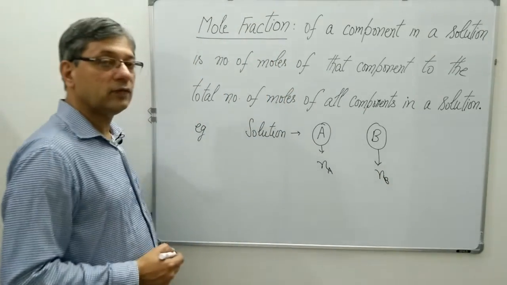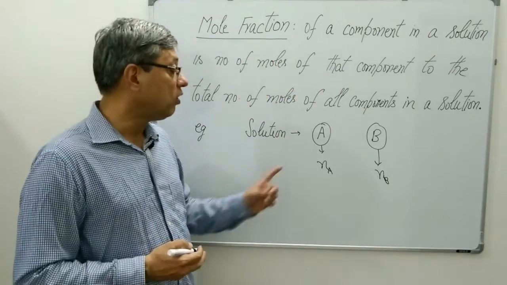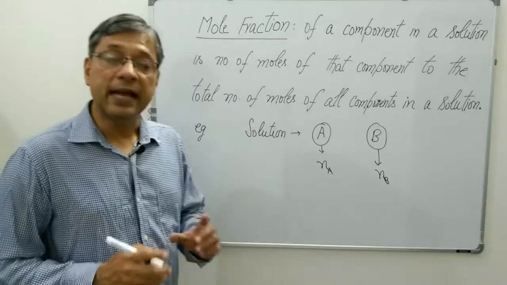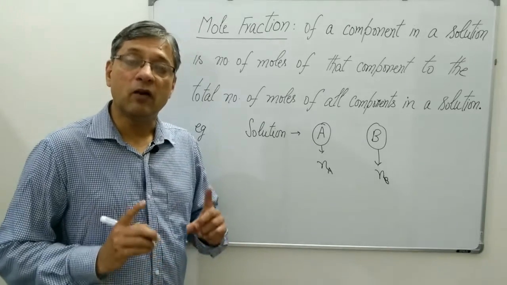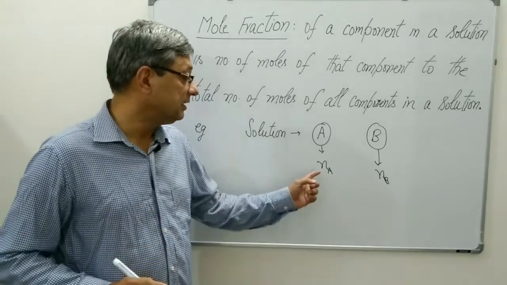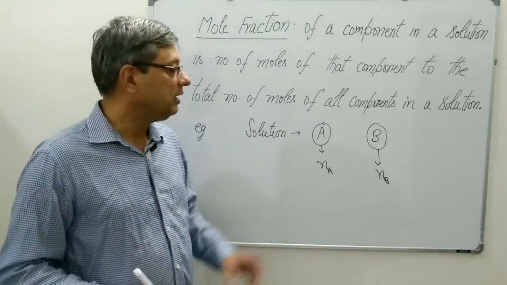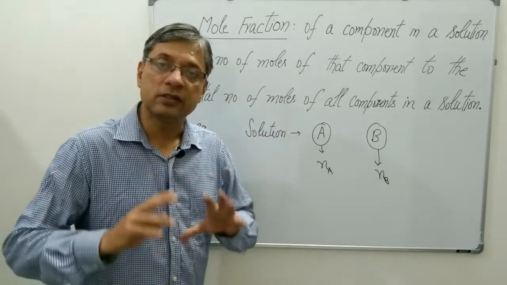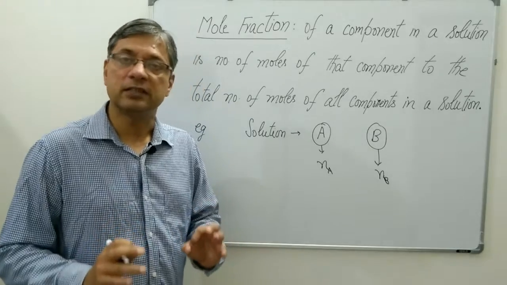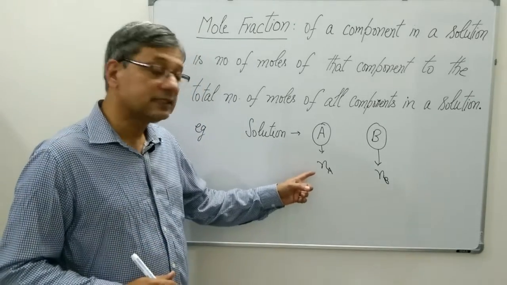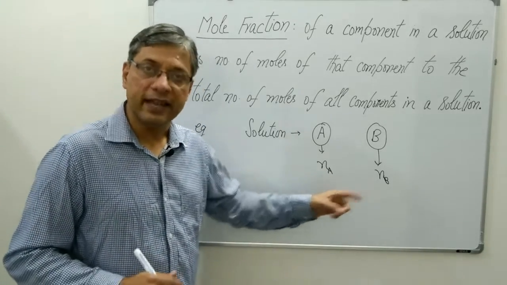If I am to find the mole fraction of component A, that will be equal to number of moles of component A, that is Na, upon or divided by total number of moles of all the components present in the solution, that is Na plus Nb.